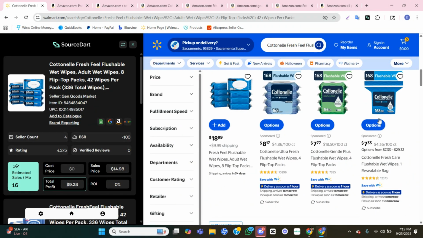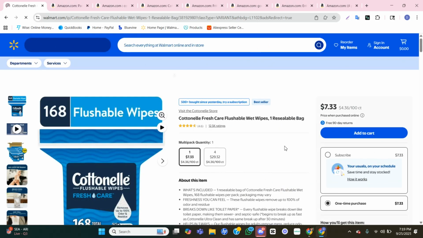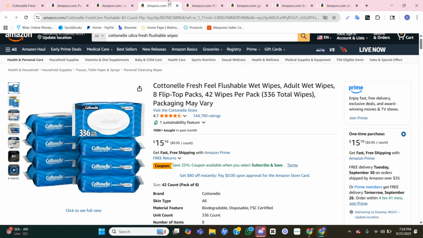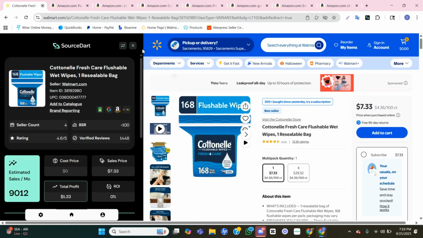So for example, like this one, like what I said, I'm looking for a retail. So for example, I'm going to buy this for 336. So I will not sell this as this pack. So I will retail that. Okay, so 336. So I found this one, 168. So that will be how many?